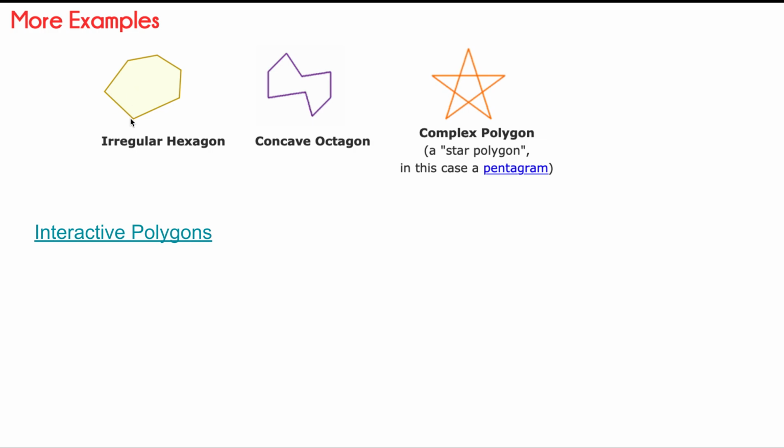This is convex because no interior angle is greater than 180. How about this one? This looks like a regular one because all sides are congruent and all angles are congruent. However, it's a complex polygon, a star polygon, because we can see a lot of crossing lines there. So it is complex, not simple.